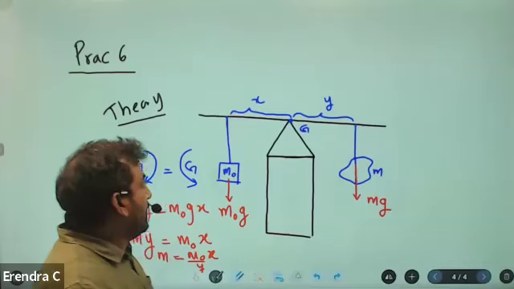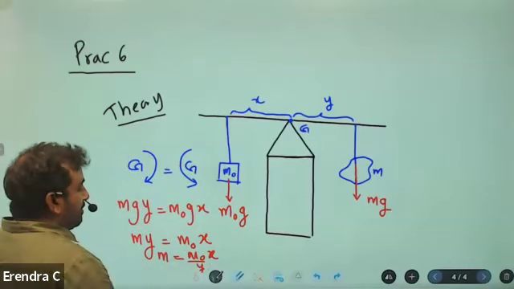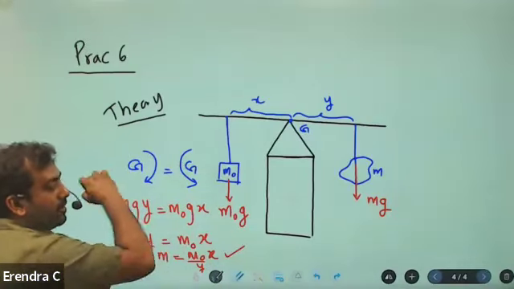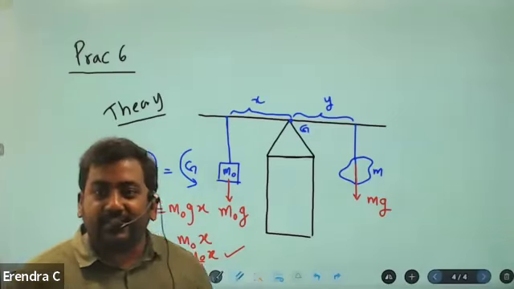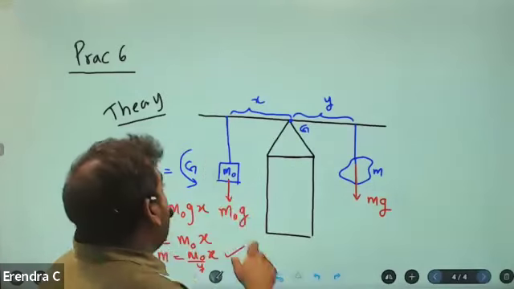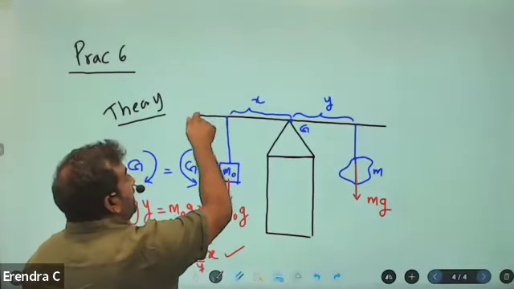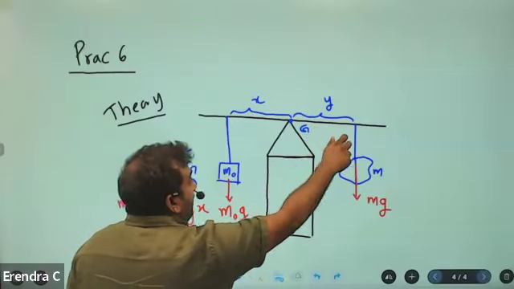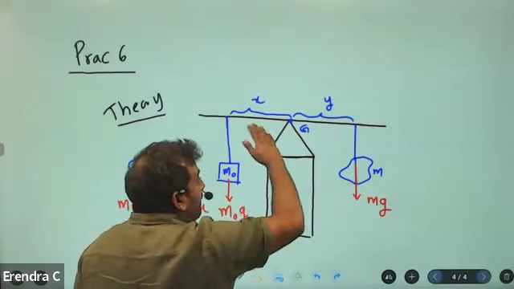Okay? So here, what you're using is the principle of moments. Yes, you can get the unknown mass, but this is not accurate. So what we do is we draw a graph. That means we take many points. We change the location of the known mass or unknown mass, and we change the other one also, so it's balanced.